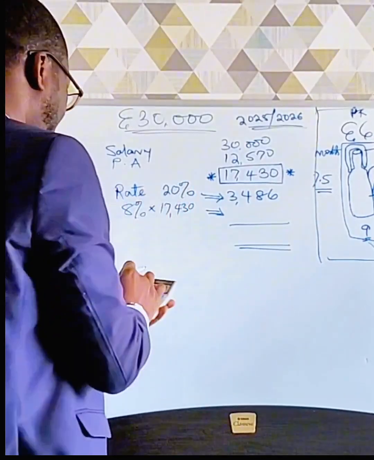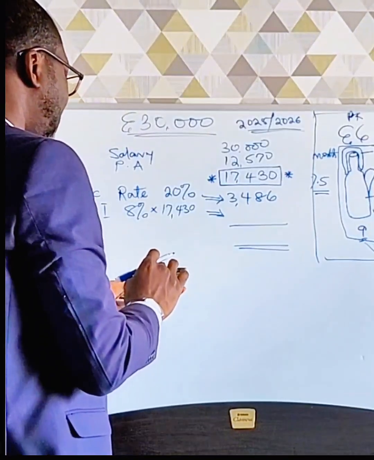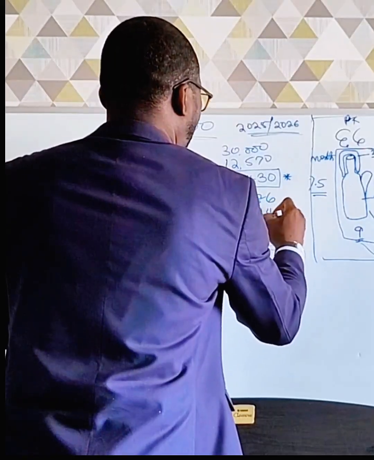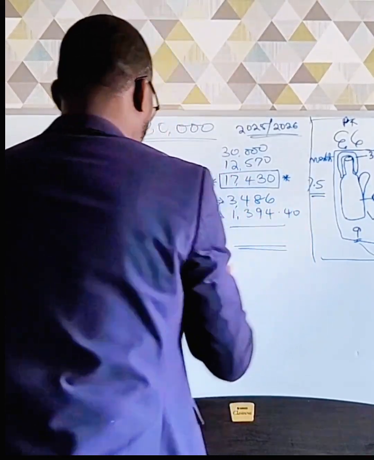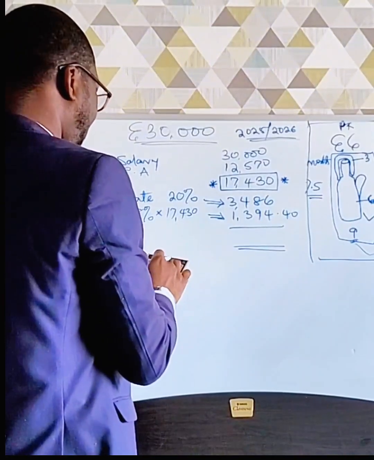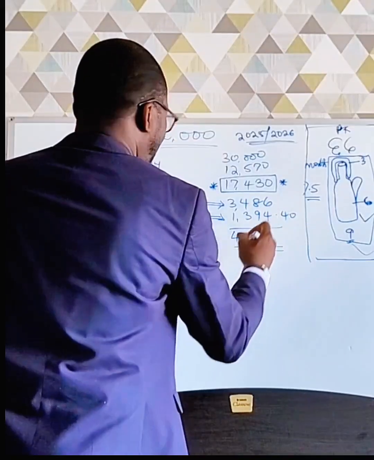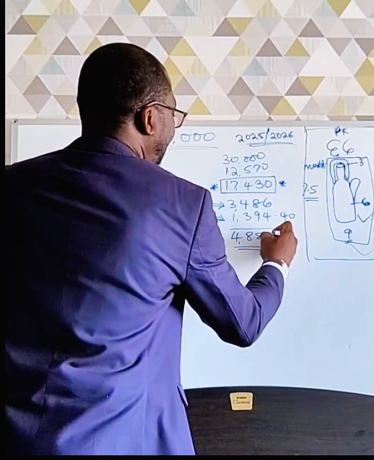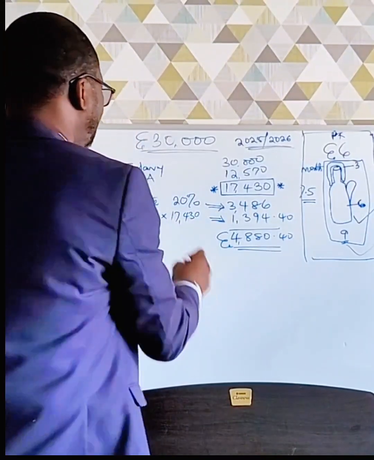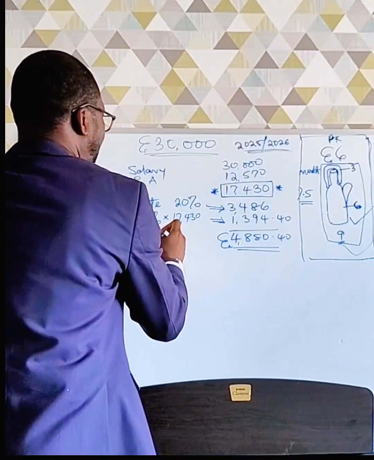Times 17,430, and that is 1,394.4, right? So let's add that one plus this, which is 3,486. So for that year, you'll be paying 4,880.4. Right. So this is a tax element here, tax liability, right?